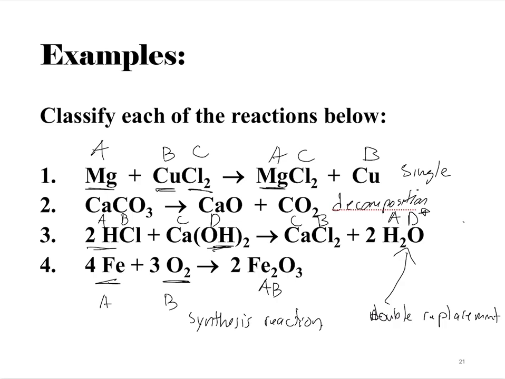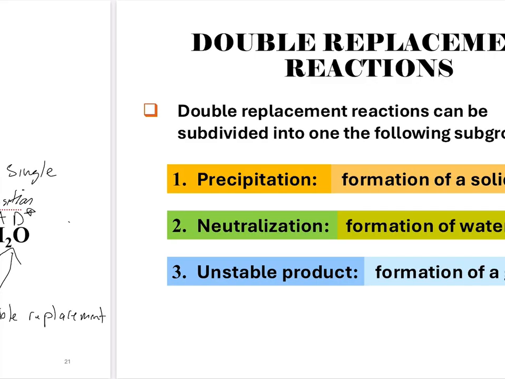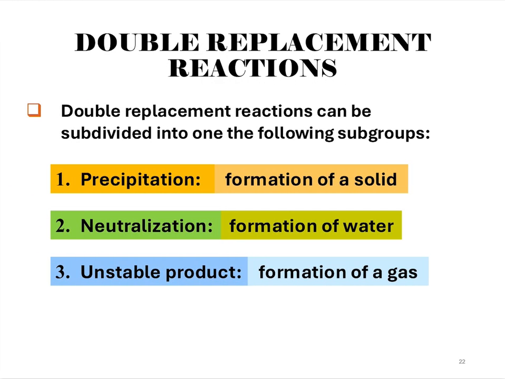All right, so the hard ones here are sometimes neutralization reactions to identify because the hydroxides and the hydrogens form water when they come together. And so some of this is what I was saying, the subcategories for specifically double replacement reactions that you may see. We can have precipitation, so that's the formation of a solid, right?